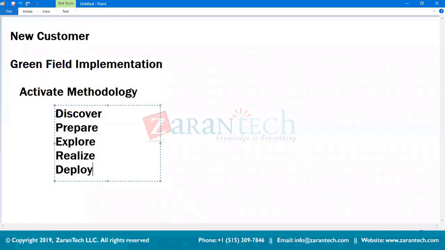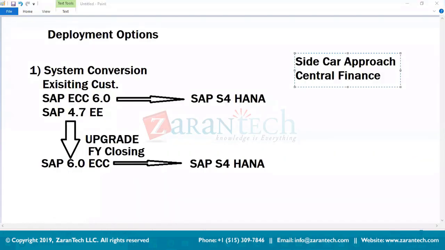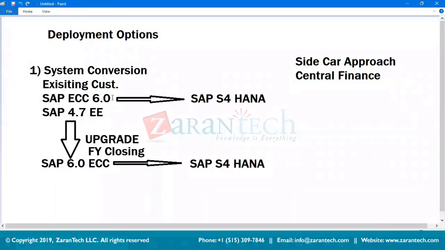In the brownfield implementation, you are doing a system conversion from SAP ECC to SAP S/4HANA. Here there is a separate roadmap we are going to follow. Why? Because there will be two phases. One is called the pre-conversion phase, and the second one is called the post-conversion phase.